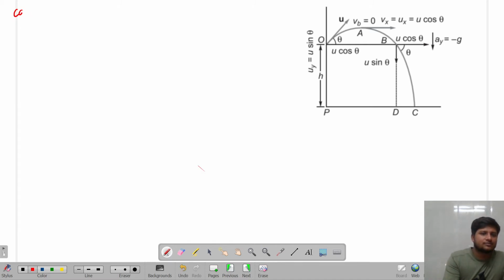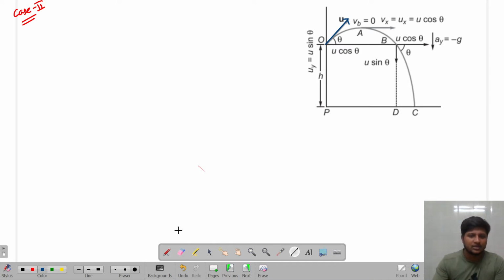Consider case 2. What is that case? Now you have the projectile itself, but this time the projectile is thrown with some angle theta with the horizontal. But from where will I throw this projectile? I'll again throw the projectile from the top of the tower only, but this time making angle theta with the horizontal.